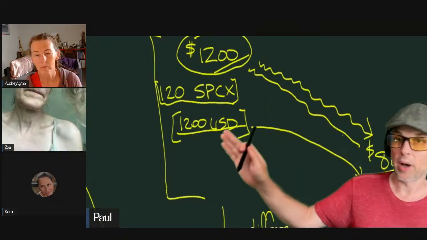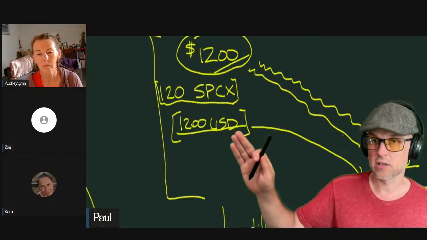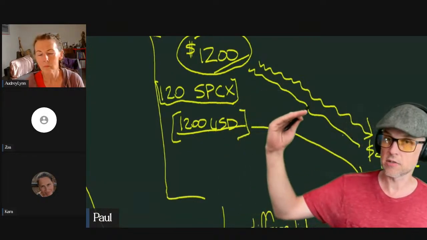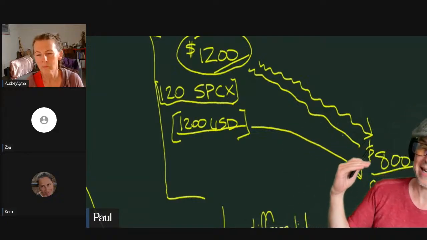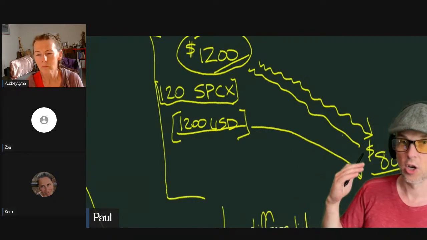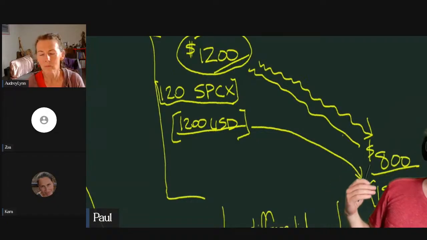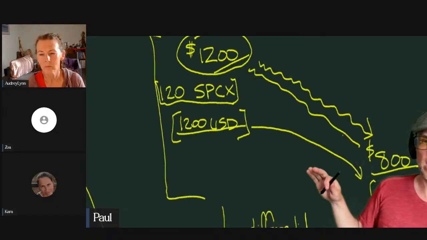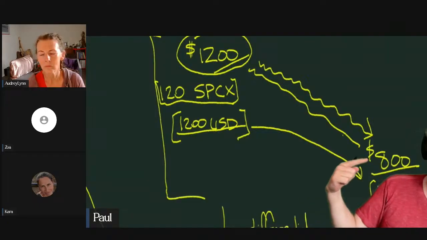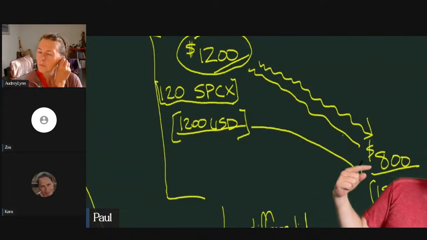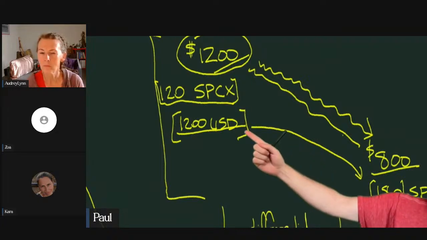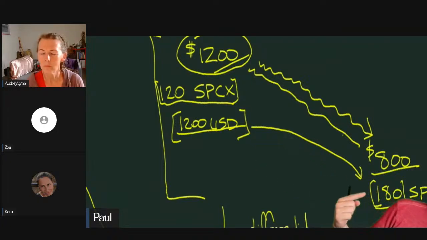So you're buying the contract with dollars, and as the dollars maintain their value and the stock goes down in price, when it comes time, you can say, okay, I'm ready to close this trade. And what that means is the broker is going to buy the volume of your $1,200 in stock.